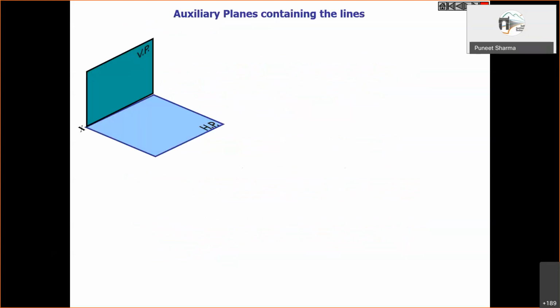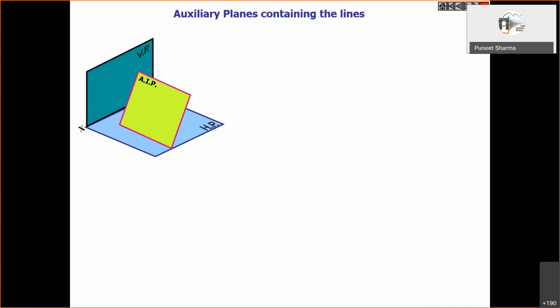Again the same representation, vertical and horizontal planes only drawn partly. We can see the XY line, the vertical plane portion and the horizontal plane portion, depicting the first quadrant only. Now consider this plane.